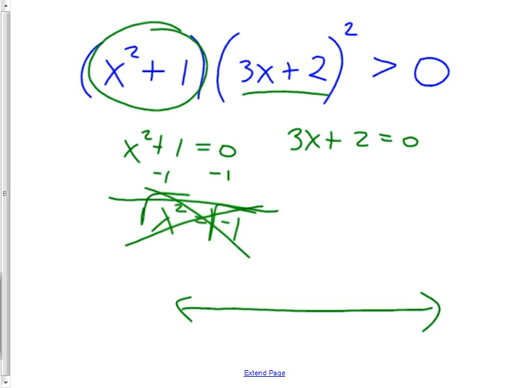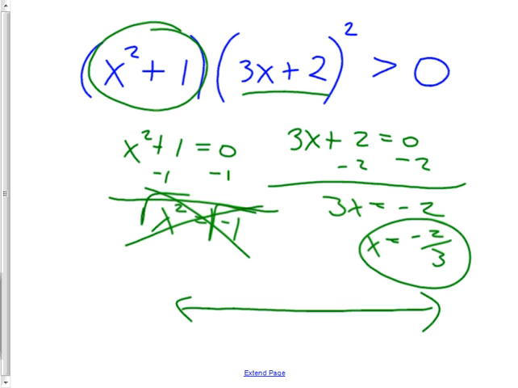Subtracting 2 from both sides, 3x equals -2. x equals -2/3. There we go. So -2/3, the only important spot.